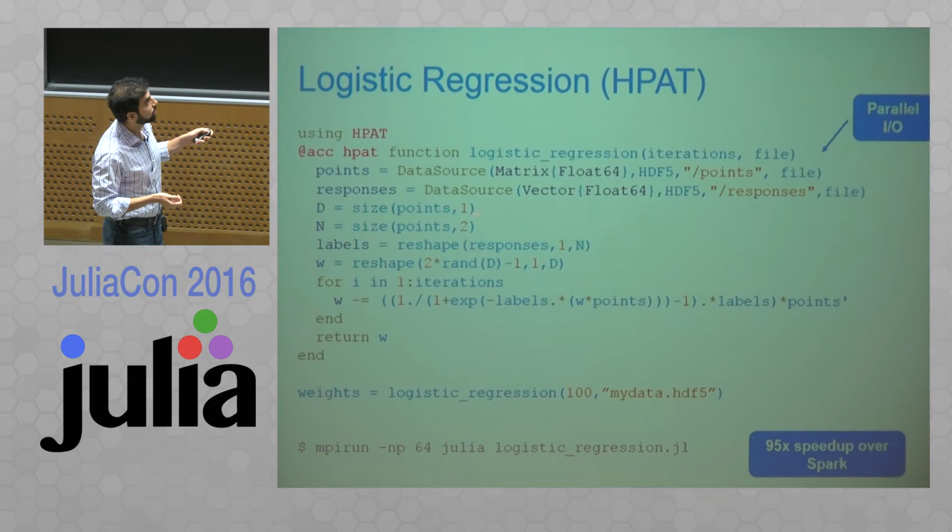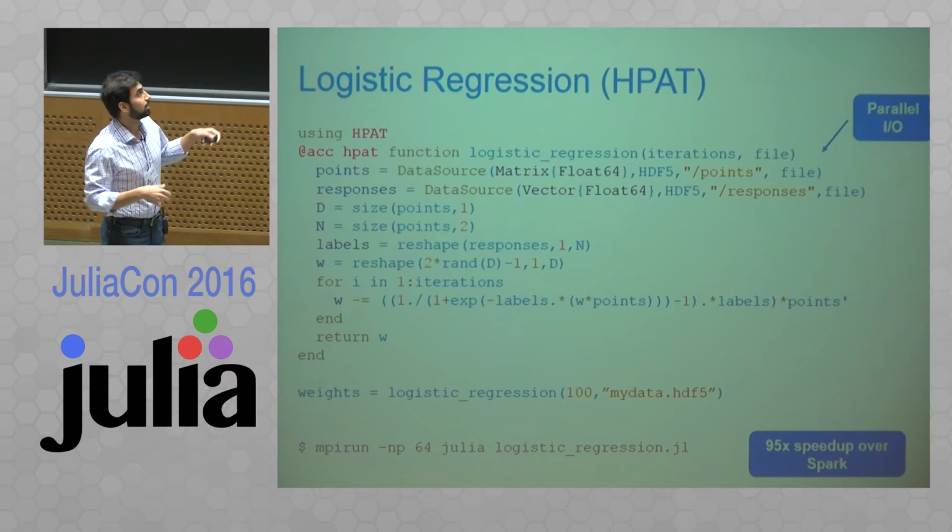So we sort of made up some syntax. I'm still not sure if this is the best, but it's been working so far, for specifying the data. So you say data source of type matrix Float64. It's HDF5 format, famous storage. This variable in HDF5, and this is the name of the file.